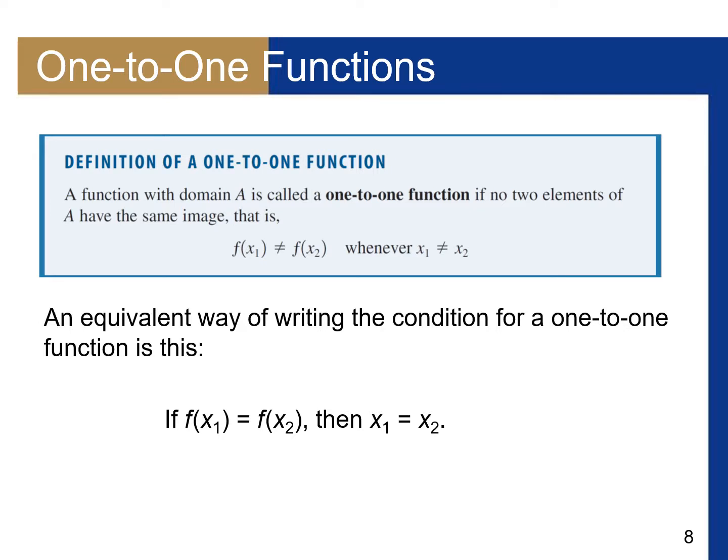So a function with a domain of A is called one-to-one if no two elements have the same image. So that means that everything that you put in for your domain has a different range. And that would also mean that those domain values are not the same either. So you can go one way and the other way, and everything is unique both ways.